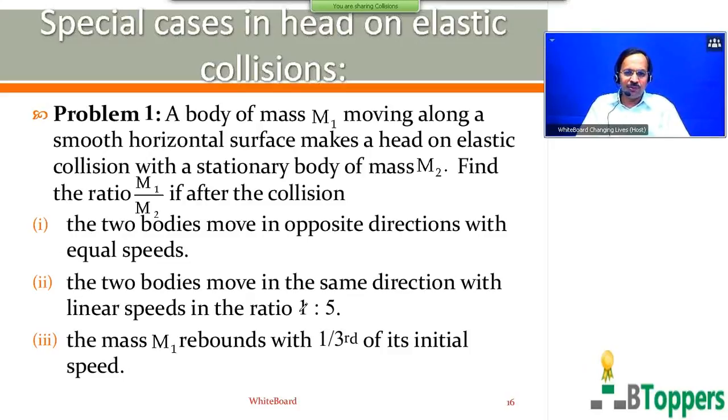Second part, the two bodies move in the same direction with linear speeds in the ratio 1:5. Third part, the mass m1 rebounds with 1/3 of its initial speed.